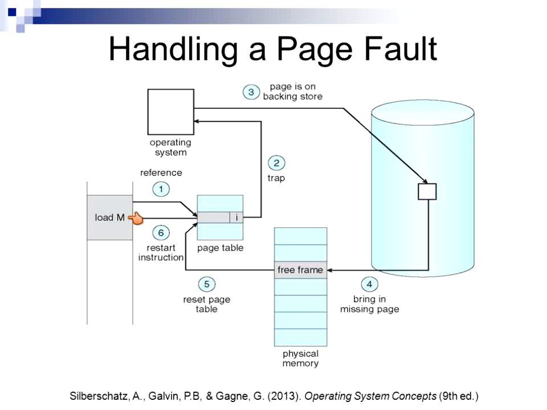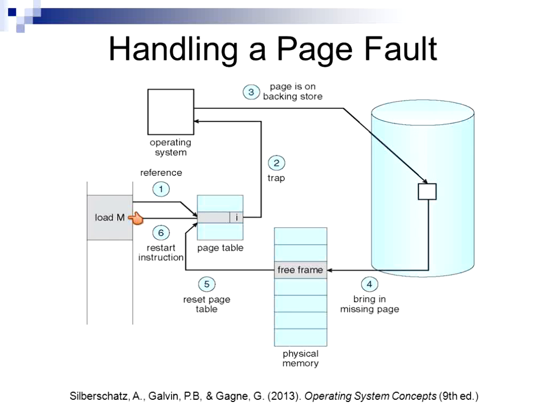Remember way back when we talked about context switches, where the state of the process gets swapped out and the new process gets swapped in? Well, that's what's happening here. Now when the process gets swapped back in and is ready to run again, we have to rerun the instruction that caused the page fault in the first place.